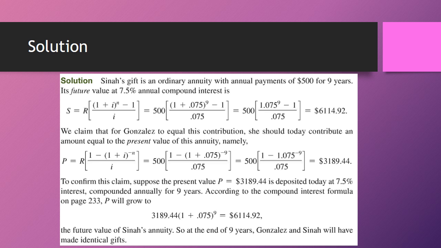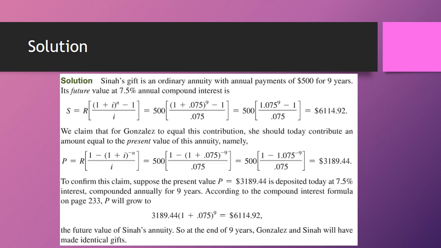So for Gonzalez, we need to figure out what the present value would be. What could she contribute today to get that? So what we're going to do is take the same information but put it in the present value formula. We put in the $500 payments, the interest, and we discover that the present value of Sina's gift is $3,189.44.